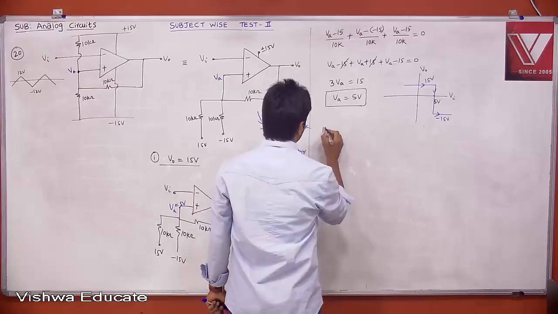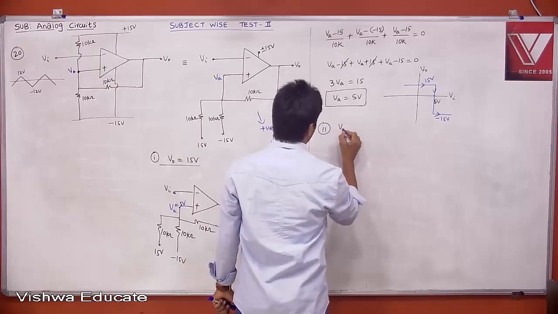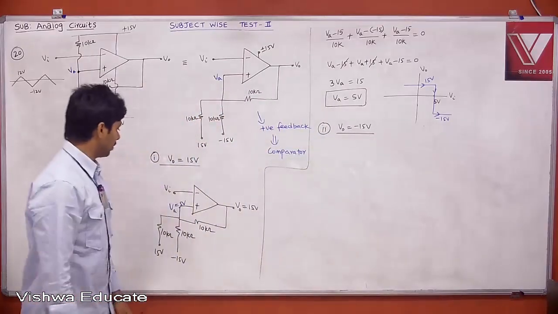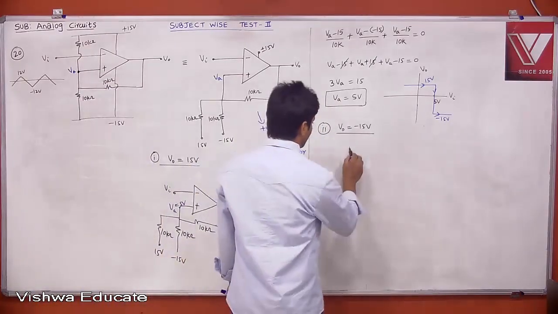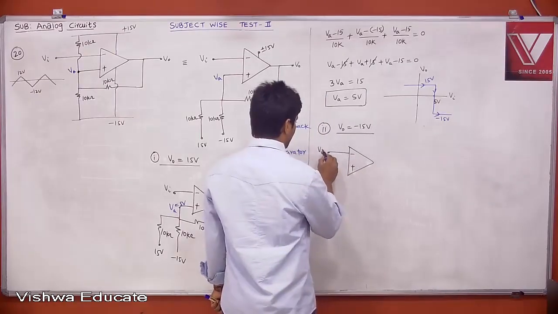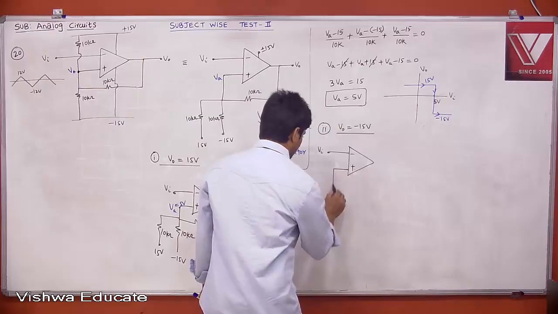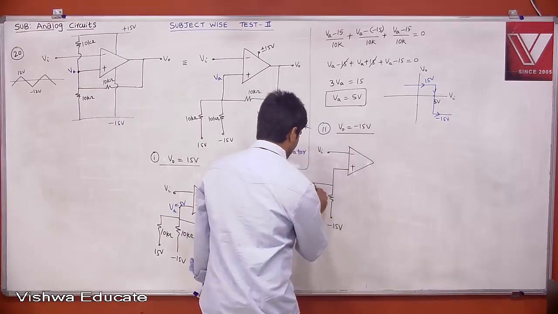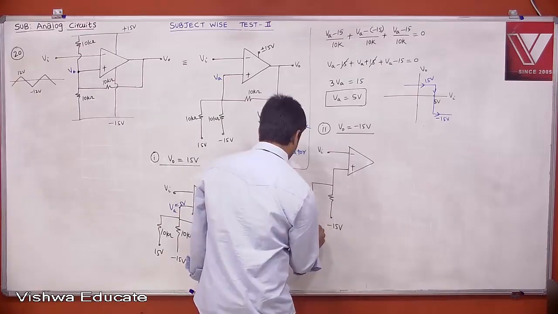Now, case 2. When output is minus 15, what do you get? The same. Now, if you take the op amp with minus and plus terminals, this is your VI. This is minus 15 and this is plus 15.